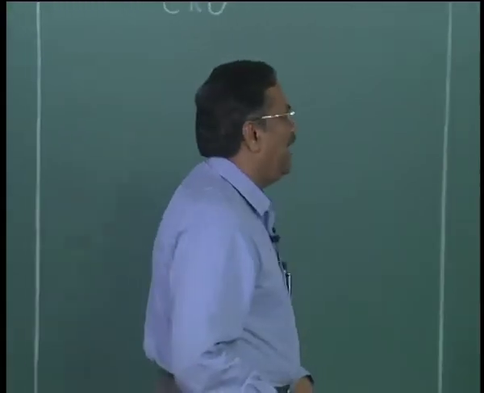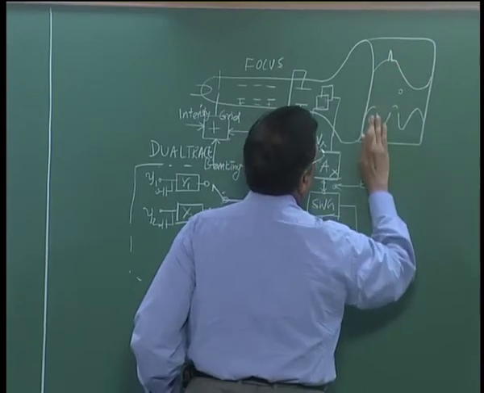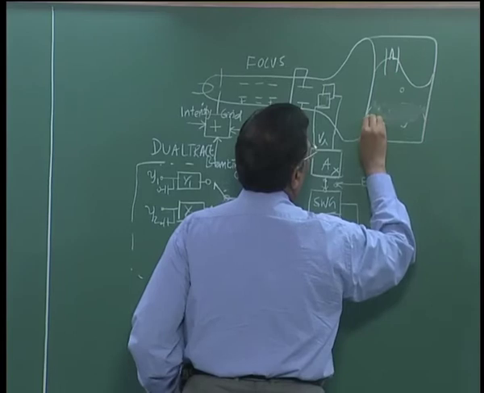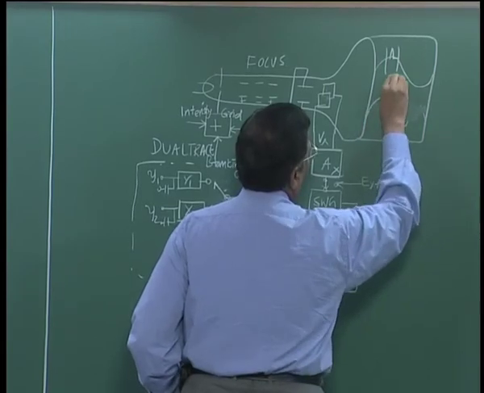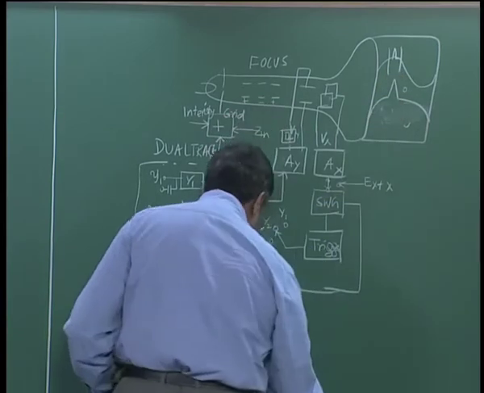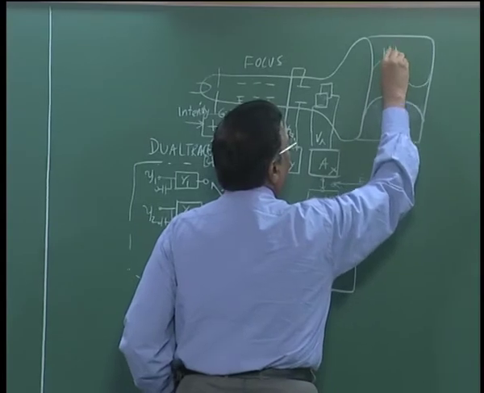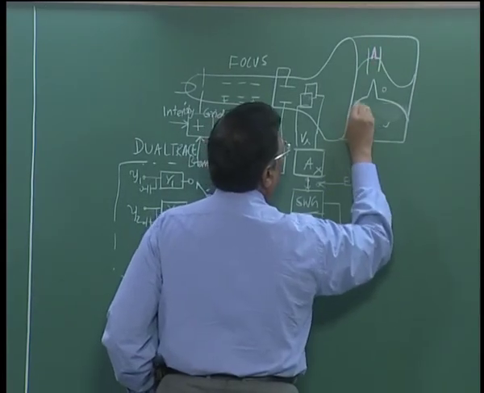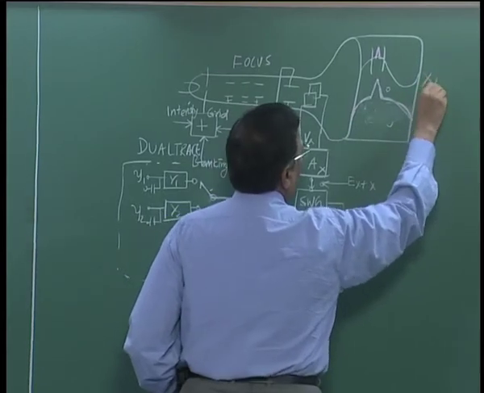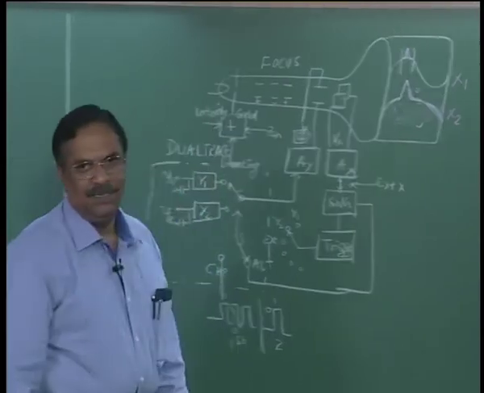So, if I have a small portion, let us say something like this, I want this portion alone to be expanded and seen. Let me put this in a different color, and that is expanded and seen. So, this is x1 time base, this is x2 time base.